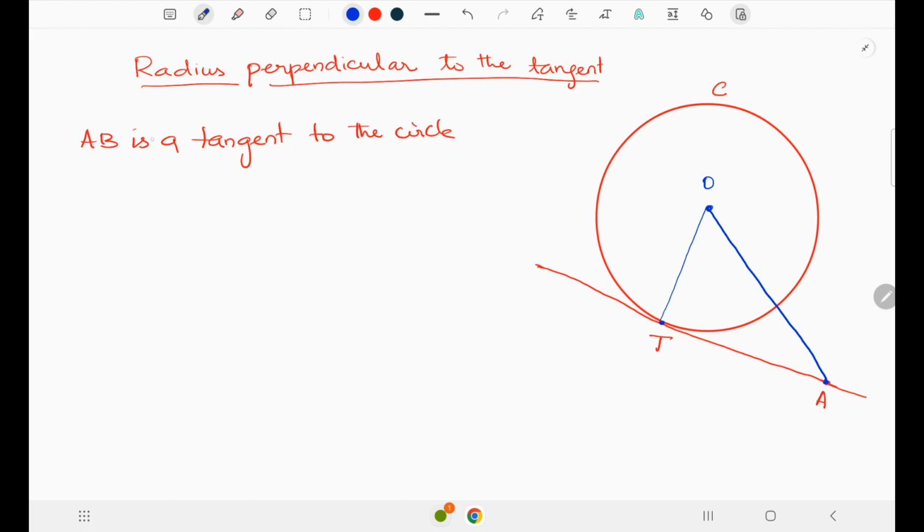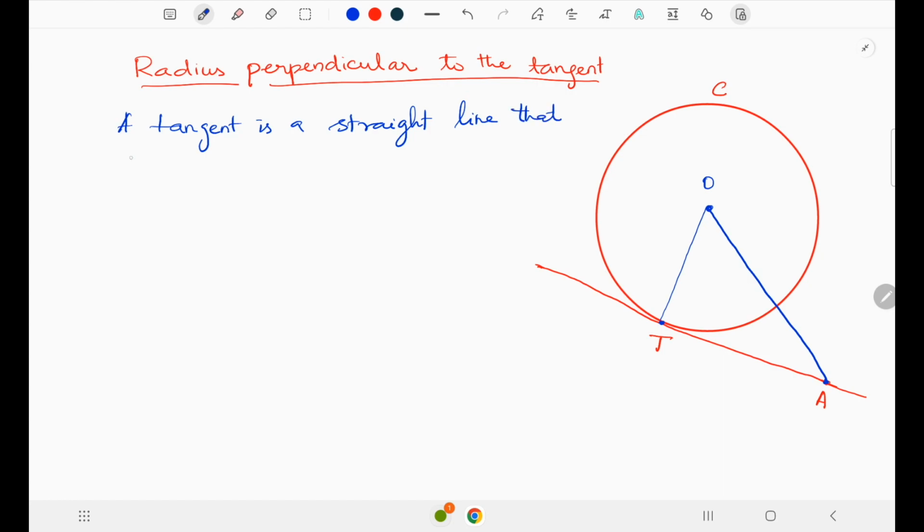So I can say a tangent is a straight line that just touches a curve at a single point.